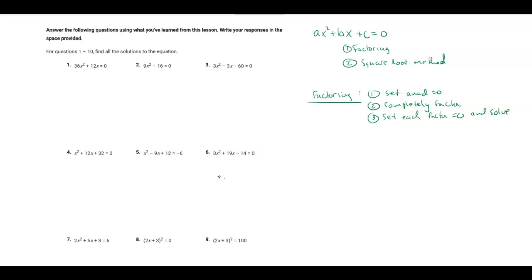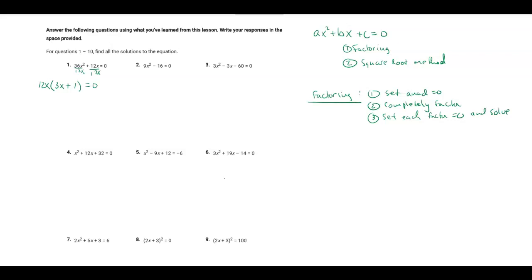Remember, when we factor, we always start with the greatest common factor. So when I look at 36 and 12, they can both be divided by 12. And each of these terms has an x, so we're going to pull out an x. So 12x times, I'm going to divide each of these by 12x, and what I'm left with is 3x plus 1, since 12x divided by 12x is 1, equals 0.